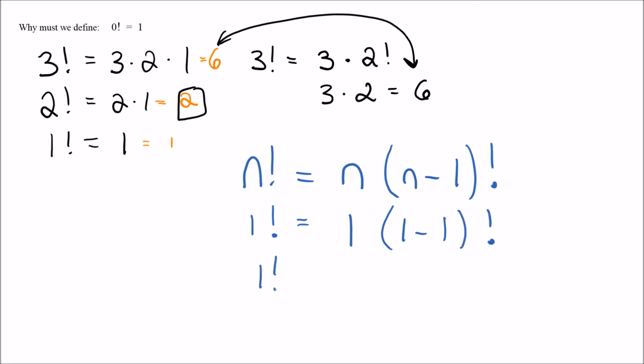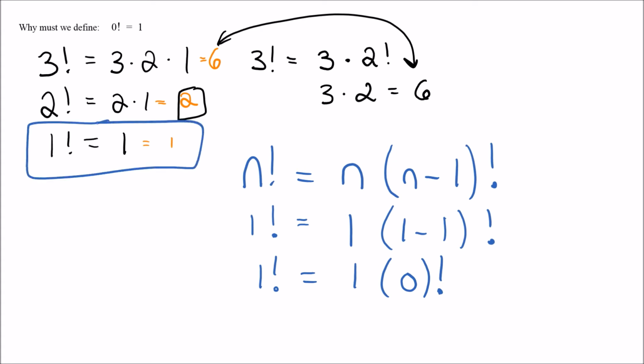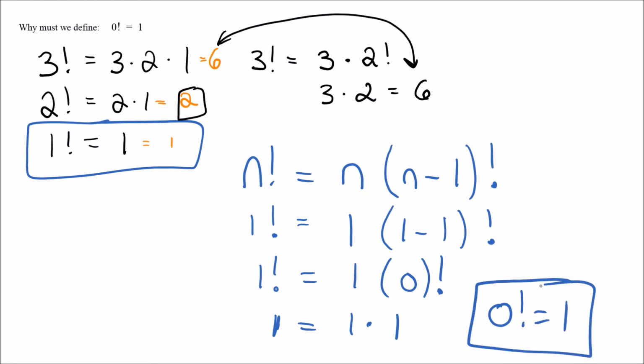So we get 1 factorial is equal to 1 times 0 factorial in this case. Well, we know that 1 factorial is equal to 1. So the only way we can get 1 here is 1 times 1, which means that 0 factorial must be equal to 1.